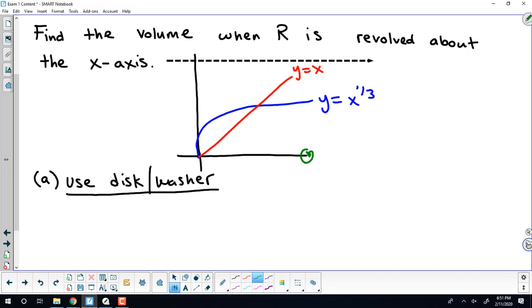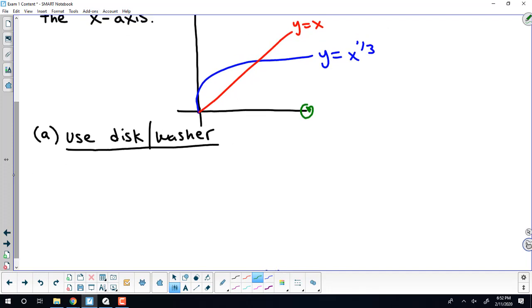So you're subtracting the upper function from the lower function because the axis is above the intersection of those two functions. Is there any other change you would have to make? No. We'll consider that in a moment. It's definitely worthwhile to consider rotating around other axes, like x equals 5, y equals 2. We should know how to do those as well.